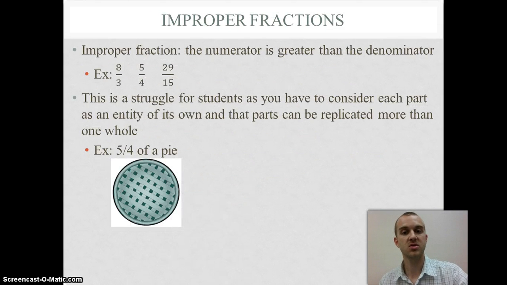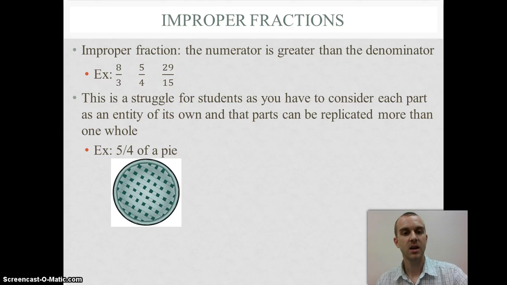Improper fractions can also make students struggle because they have to understand what it means to have a numerator greater than the denominator, and how we represent parts more than a whole. For example, if we have 5/4 of a pie, you have to recognize that that's more than one whole pie, but understand, okay, how do I get that next component that shows and represents that?